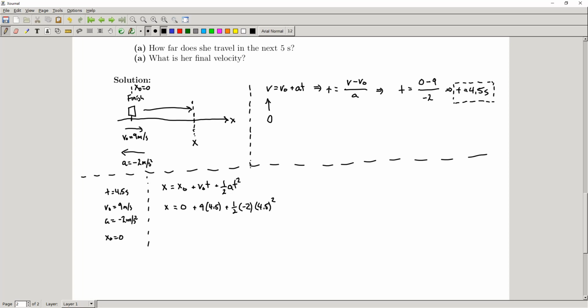Right, and now it's just a simple matter of solving for x. So we can pull out our calculators at this point, and this ends up giving us 20.25. And so the answer here is going to be x equals 20.25 meters. And that would be the answer to part A here. And actually this should be a B. Sorry about that.